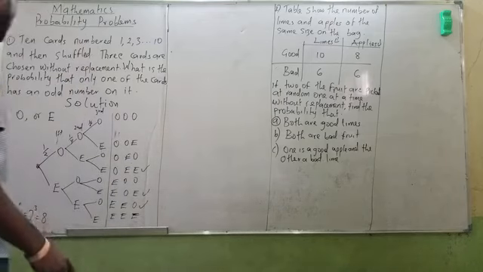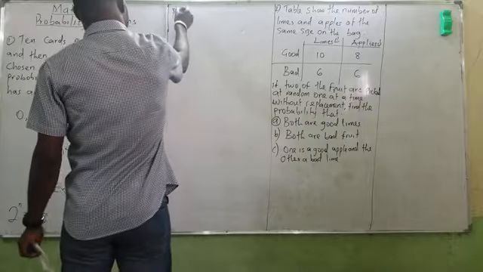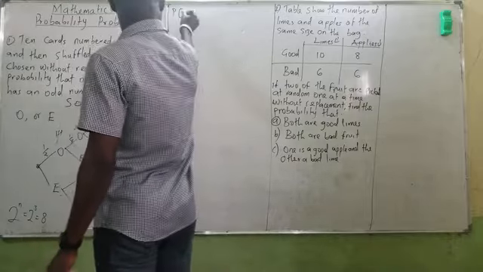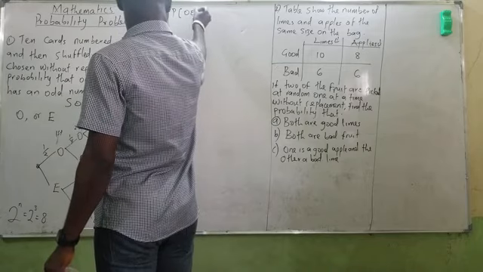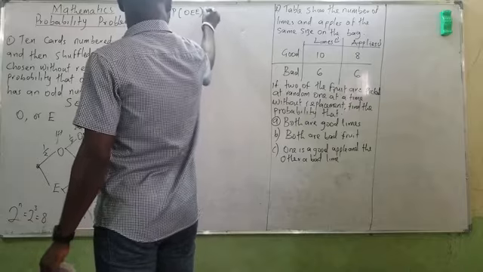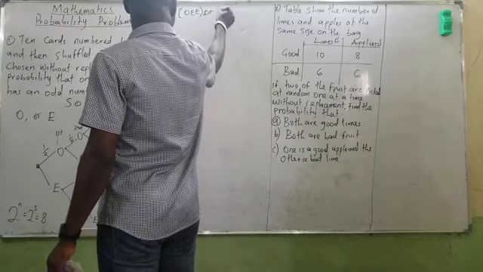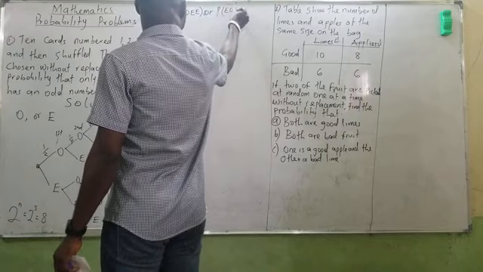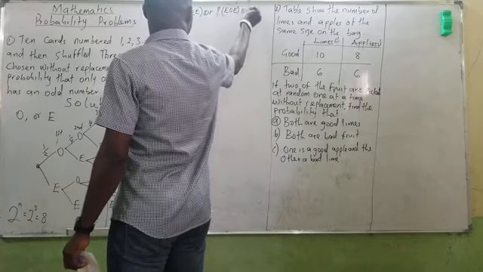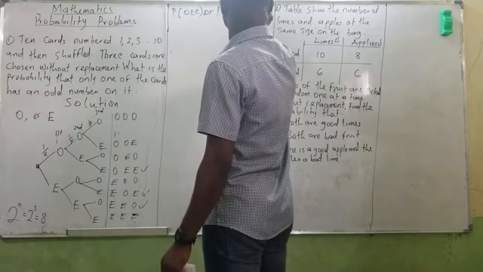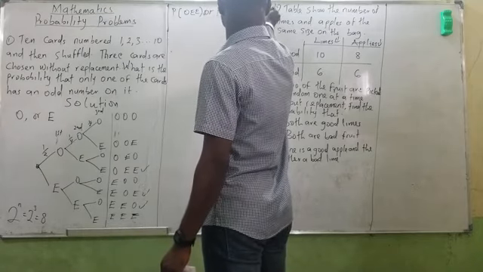It means I can take the probability of the first one, plus, or, sorry, let me use the word or, probability of even, odd, even, or probability of even, even, odd.